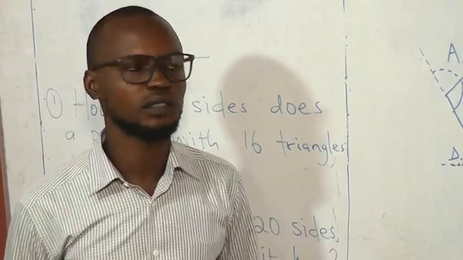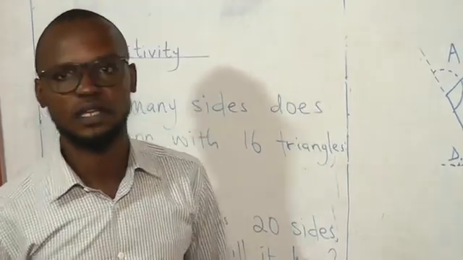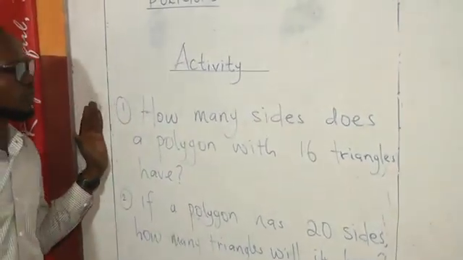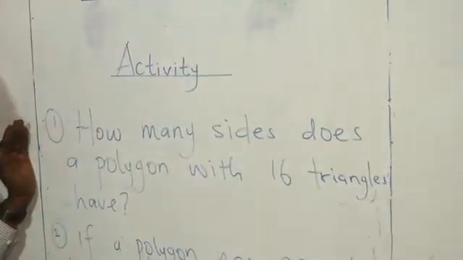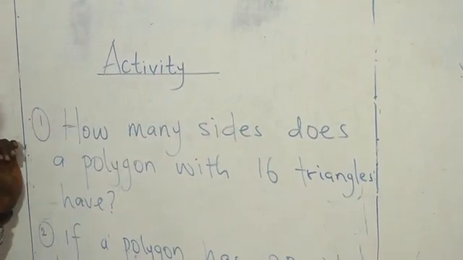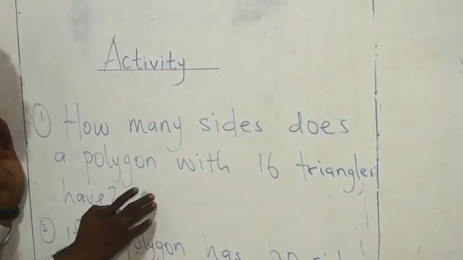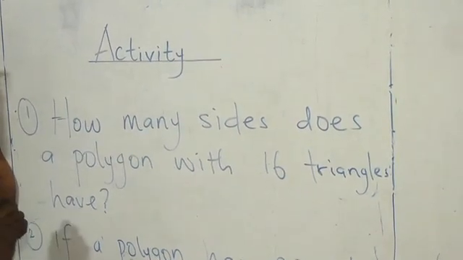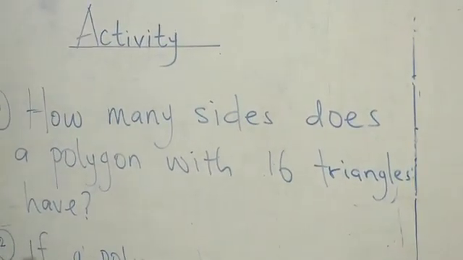So having done all of this, this is my activity for you. Number one, find out how many sides a polygon with 16 triangles has.